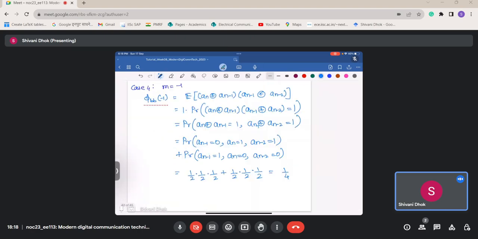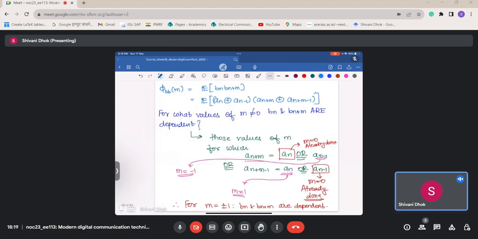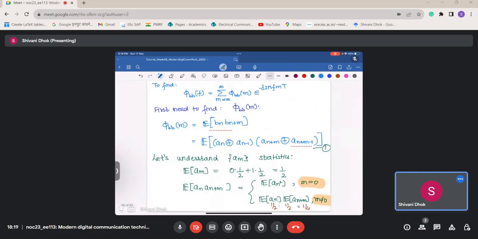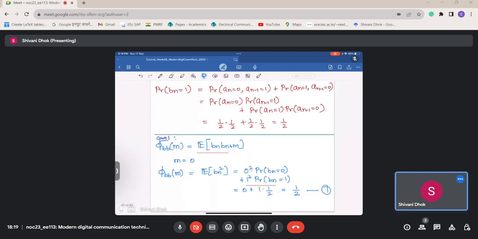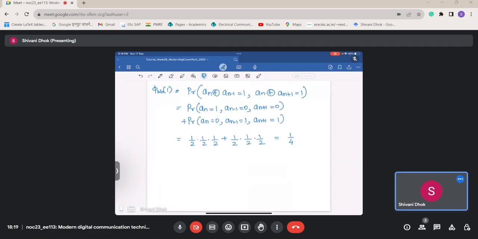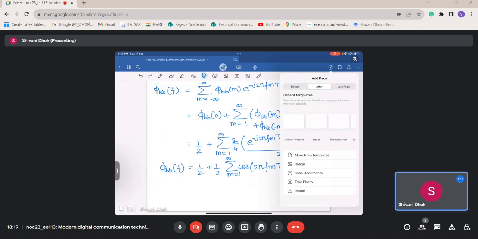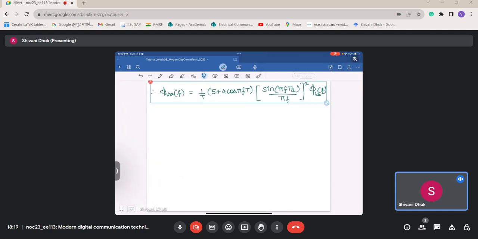Now what we had to find was not this phi BB of f, but rather we wanted to find this quantity, that is phi BB of f, which is something like this. So I can just take this and paste it here. So this is what we wanted to find out.